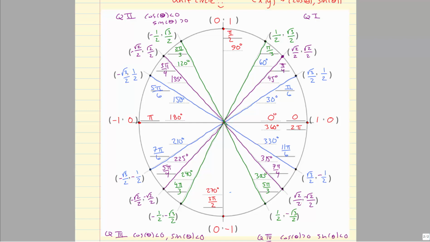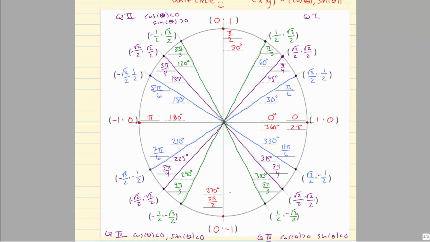Now let's double check everything. In quadrant 1, sine and cosine are both positive, so here I have all positive values for sine and cosine. Over here in quadrant 2, cosine should be negative, so each of these cosines is negative. Sine should be positive, and each of these sines is positive. So I'm good there. Down here in quadrant 3, they're both negative, so cosine and sine should be negative for each.